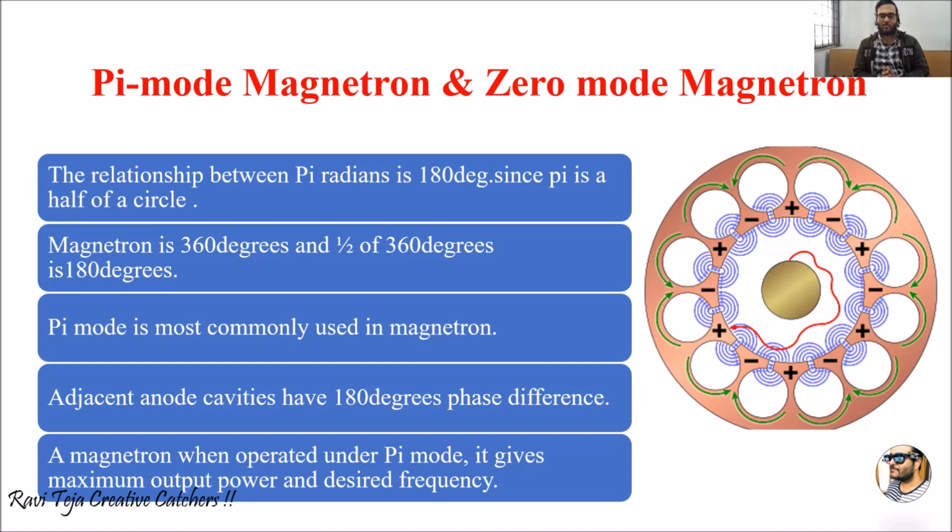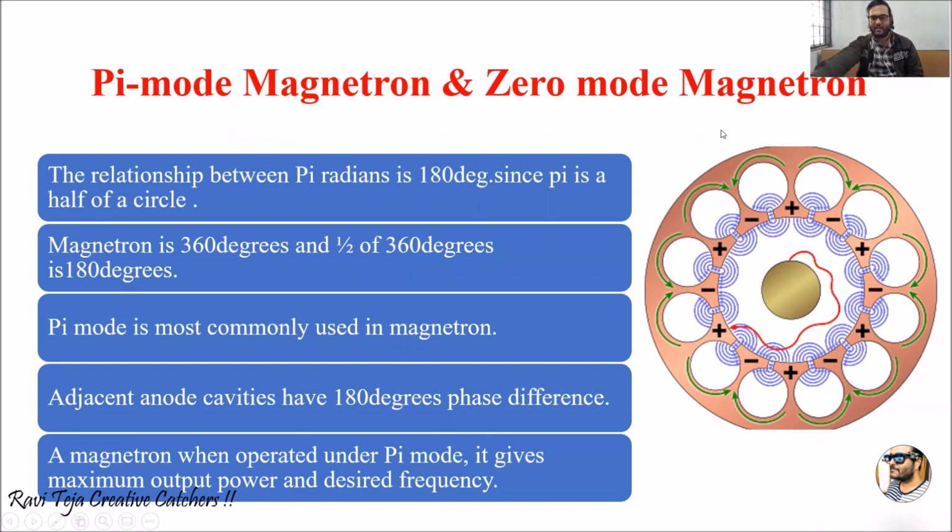Whenever a magnetron is under working condition, at least half of the cavities are used. That means among the 360 degrees or the full cavities in a magnetron, at least half, that is 180 degrees, are used for the working. This magnetron is of 360 degrees; it's a full circle.